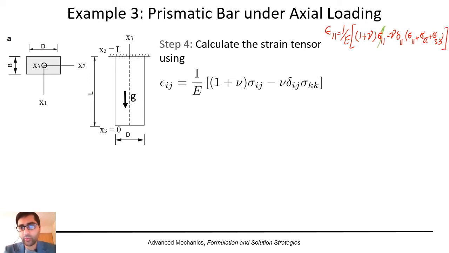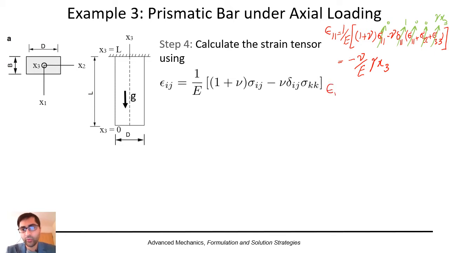We know that sigma 1,1 is 0, sigma 2,2 is 0, and sigma 3,3 is gamma x3. So epsilon 1,1 is minus nu divided by E multiplied by gamma x3.